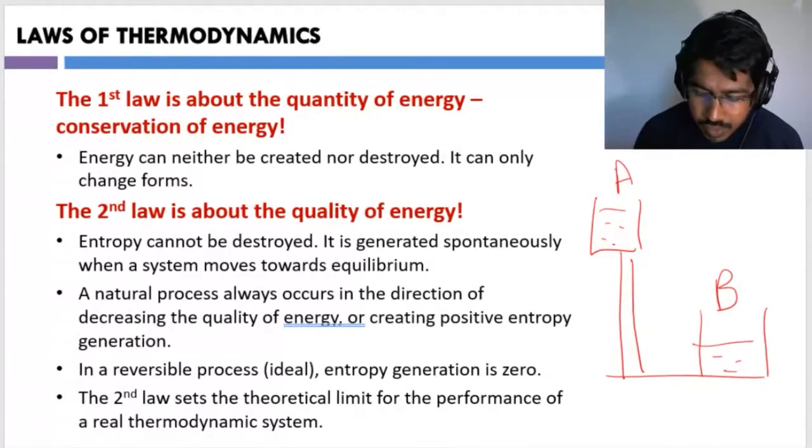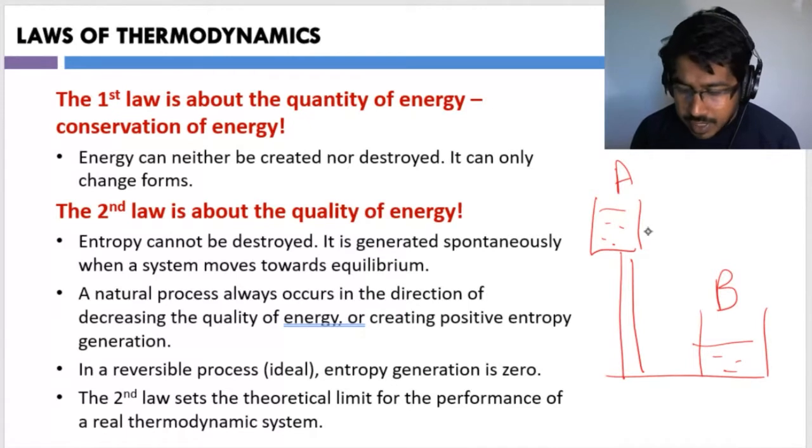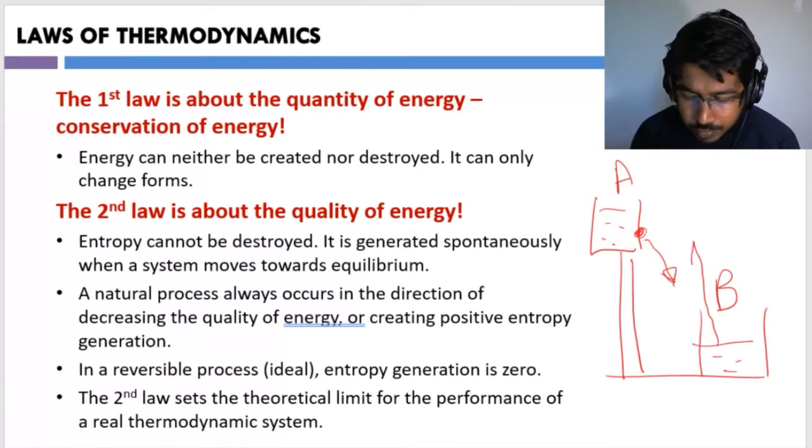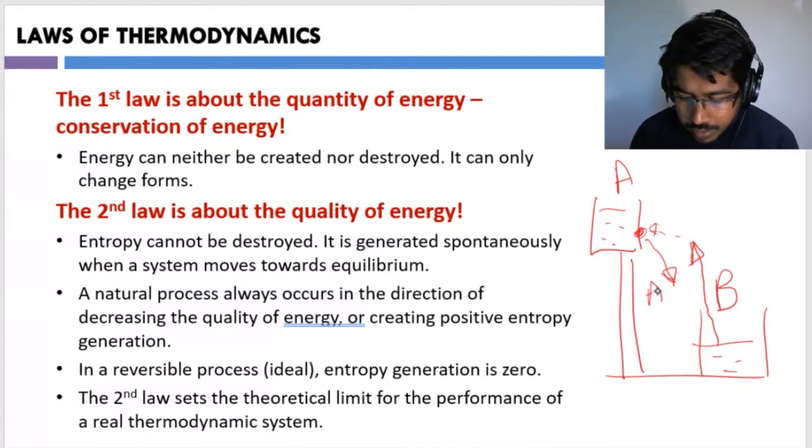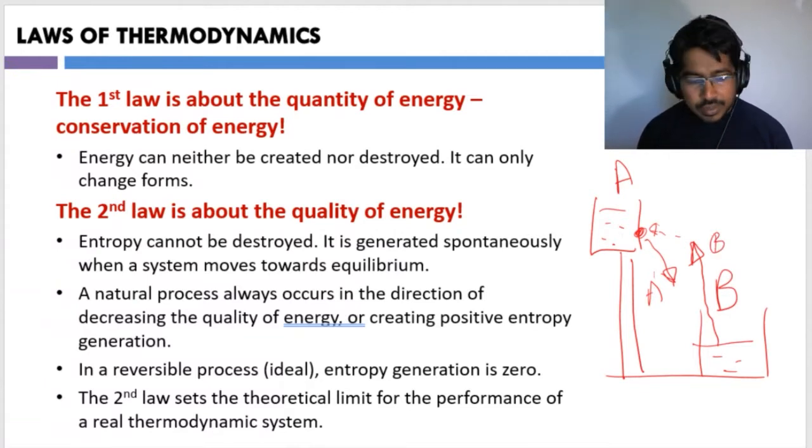If you look at our previous example here, if we pinch a hole, what is likely to happen? Will water go from B upwards and enter this tiny hole, or from A to B? A to B, right? So it is likely to go from the top reservoir to the bottom reservoir.